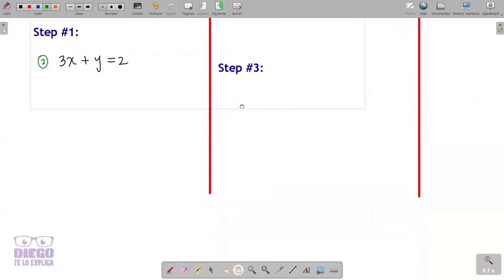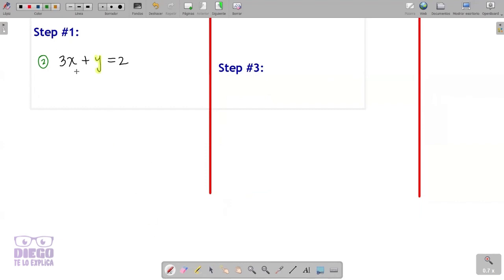Okay. In step number 1, you choose the equation you want and isolate the letter you want. In my case, I'm going to isolate the letter y. When I say isolate, I mean that you have to leave alone the letter y. So you have to see who's the neighbor of the letter y, the 3x.